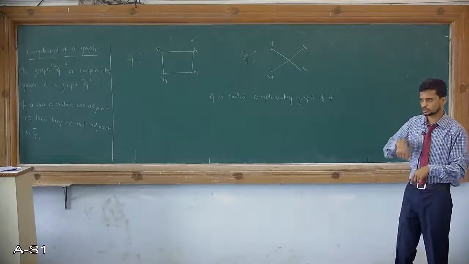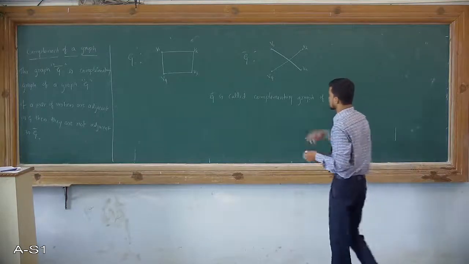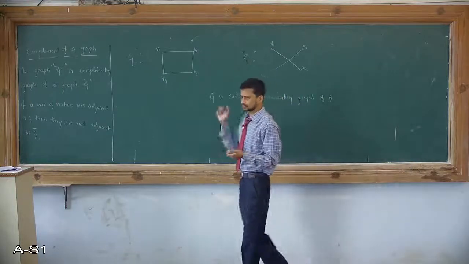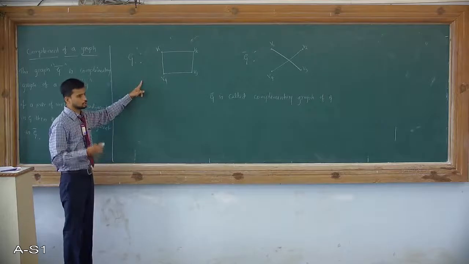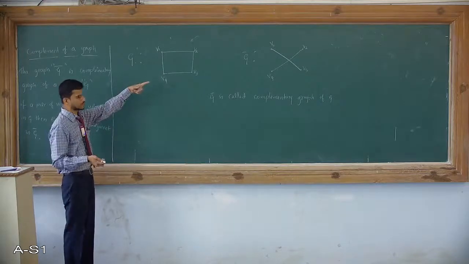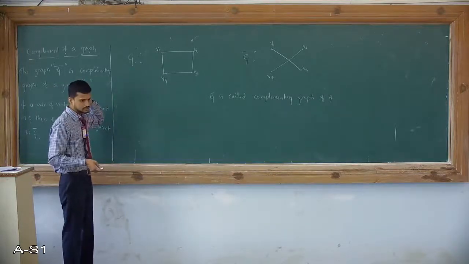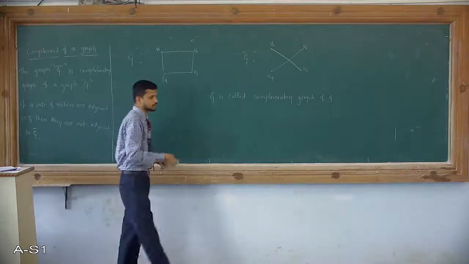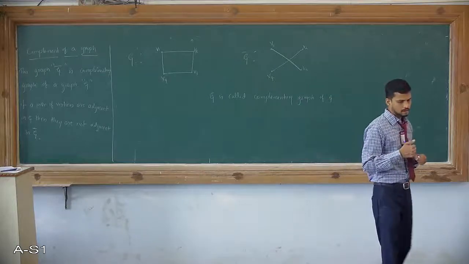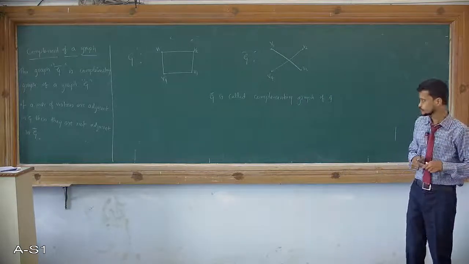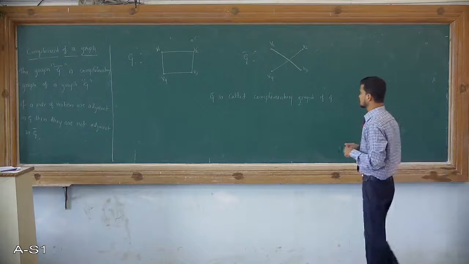You can ask whether G is a complementary graph of G bar. Yes. If G bar is given, try to draw G. V1 and V2 are not connected in G bar but are connected in G. Therefore, G is a complementary graph of G bar. The next question is whether they are similar or not.